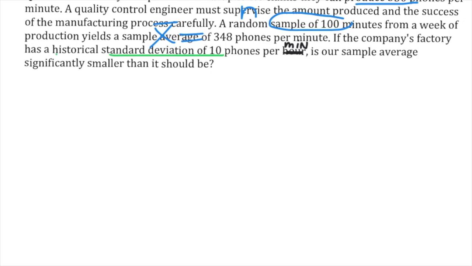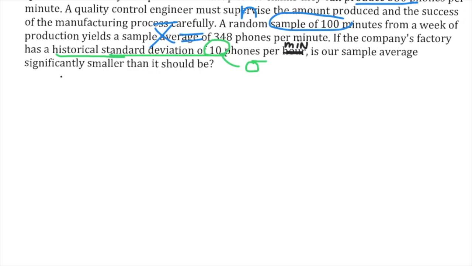So they're saying that this is a historical standard deviation from the company's records of 10. So that is not coming from the sample, that is coming from the population of all minutes recorded by the factory, that the standard deviation is 10. Now that we know that the standard deviation is coming from the population, we know that we're going to be using z-scores instead of t-scores.